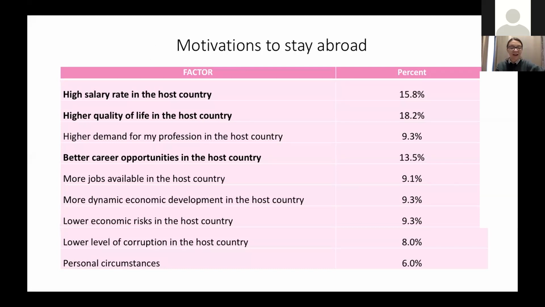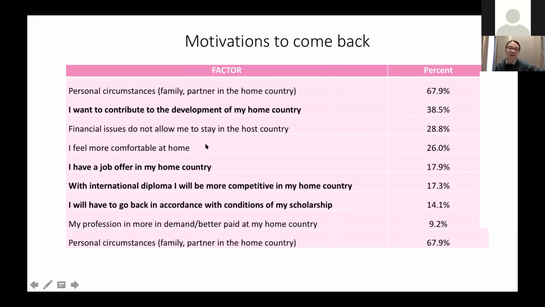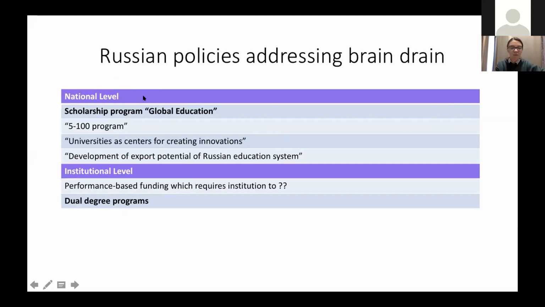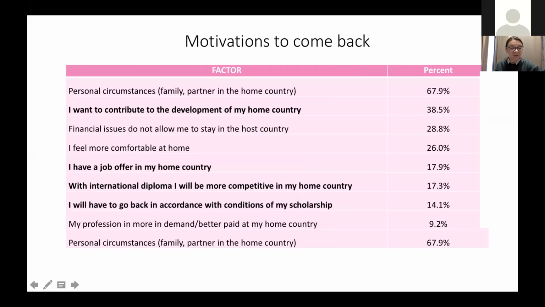And as for the motivations to come back to Russia after graduating from a foreign university, it's interesting enough that the second most popular response is that students want to contribute to the development of the Russian economy, so contribution to the development of my home country.